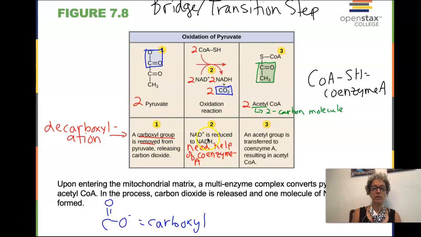So we remove the carbon dioxides, we reduce the NAD+, and we end up with a 2-carbon molecule that has the coenzyme A attached to it. So energetically, we have 2 NADH. We don't get any ATP from this. And our carbon still is holding on to some hydrogens.